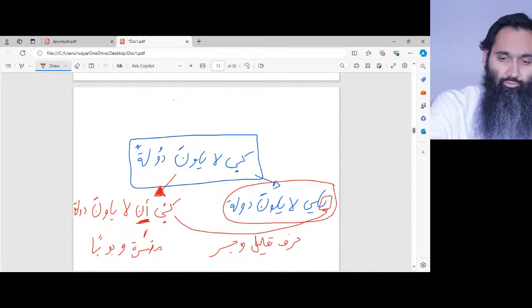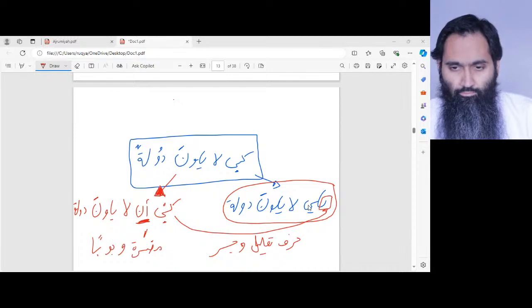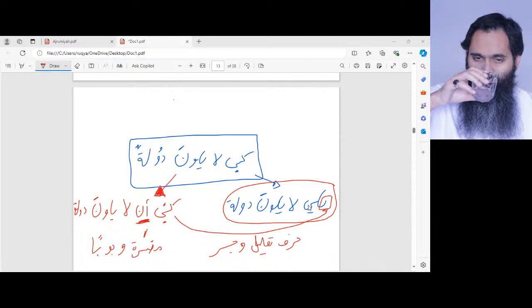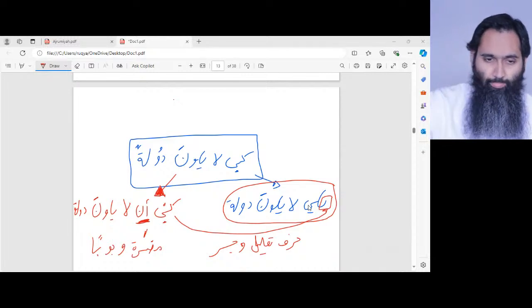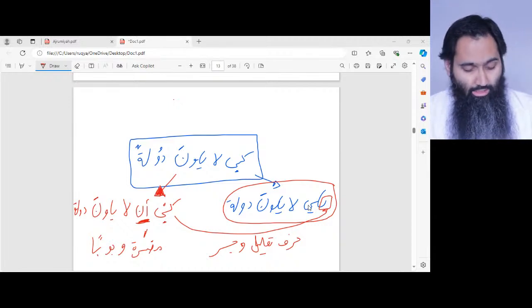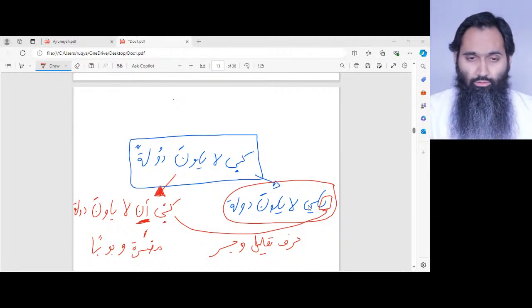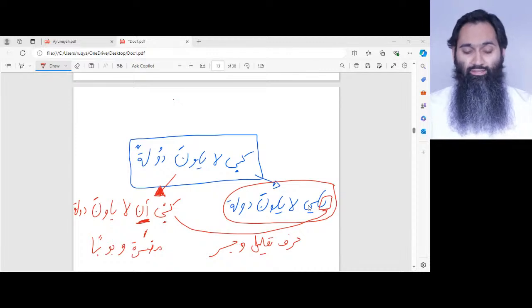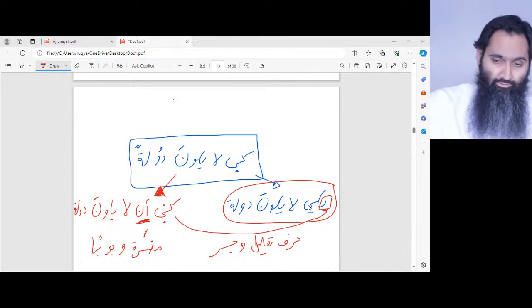Is that clear so far? Good, alhamdulillah. So now, when you do the i'rab of this, obviously you're going to have two different i'rabs. Not very different, but there will be a couple of little differences.